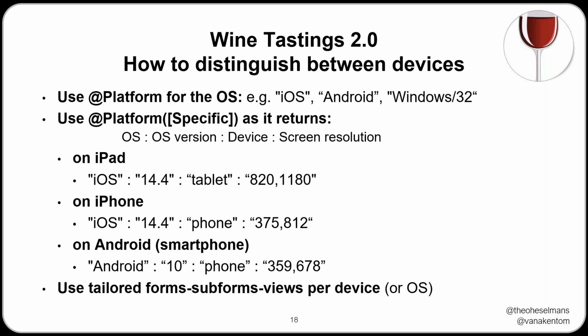Of course, you could also use the fourth parameter, which is the screen resolution. It's a comma-separated text list with first the horizontal width and second the vertical width. It's really nice for creating tailored forms or subforms of views depending on device or size.